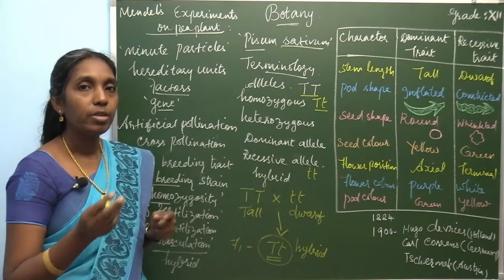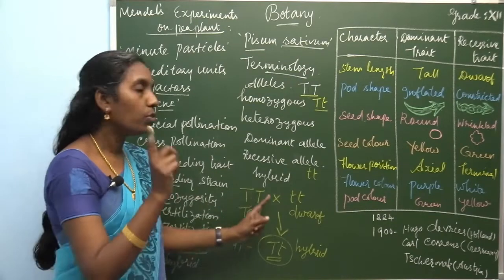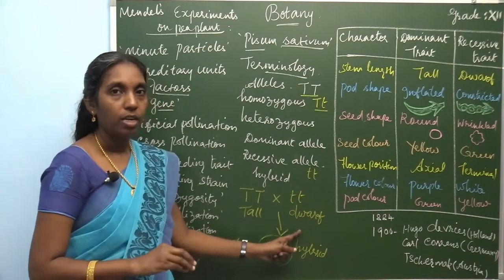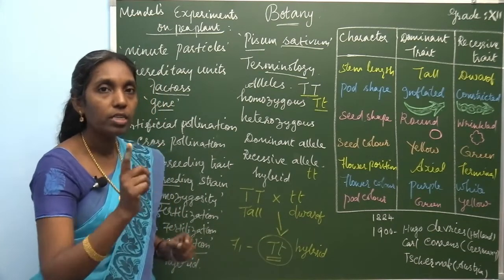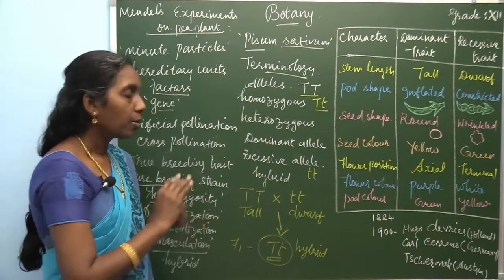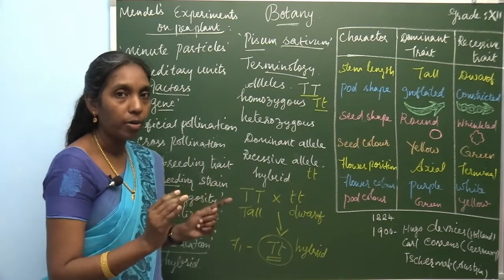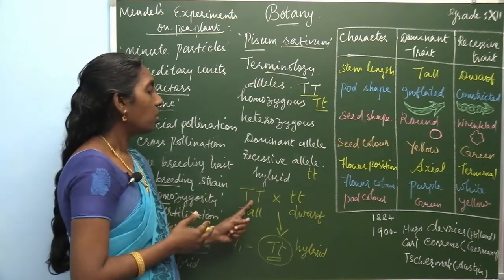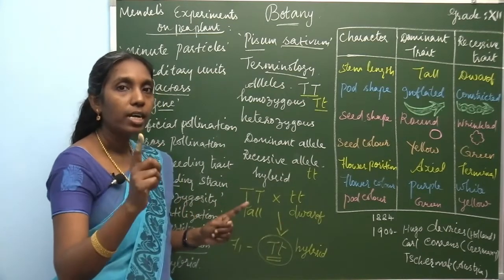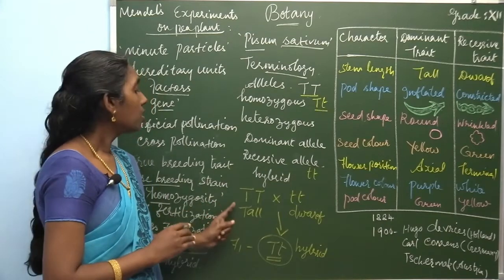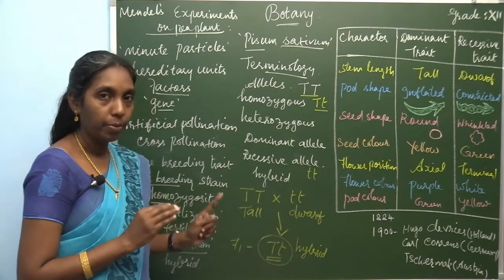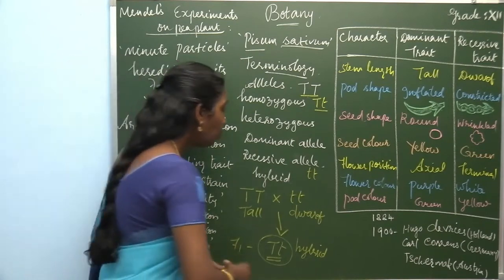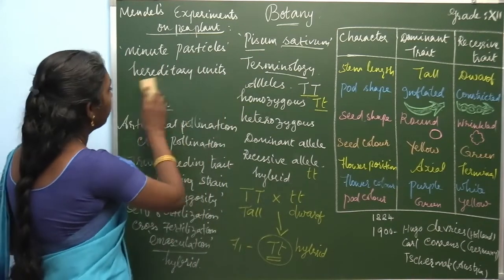If it is dihybrid, there are two contrasting characters. Here only one contrasting character is present, tall and dwarf. Mono, you know the meaning, is single. Only one character is considered. This is monohybrid. Based on the monohybrid cross, he proposed two different laws.